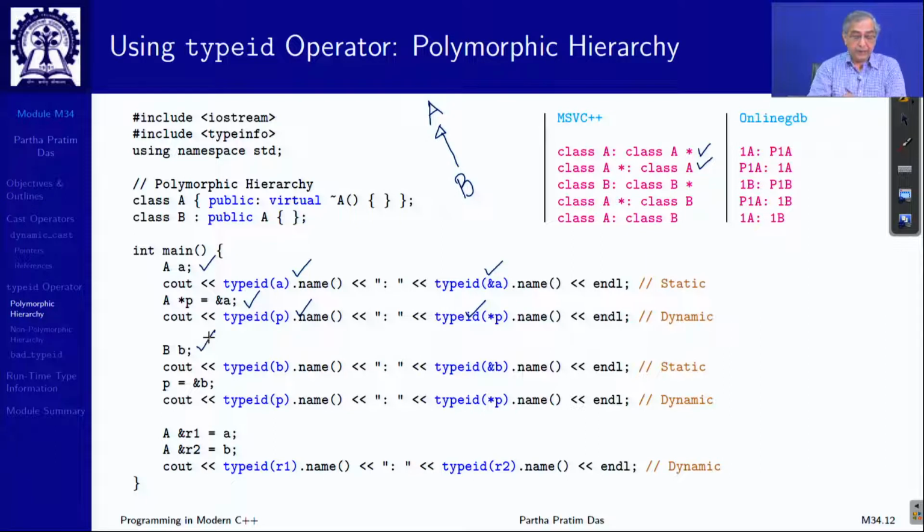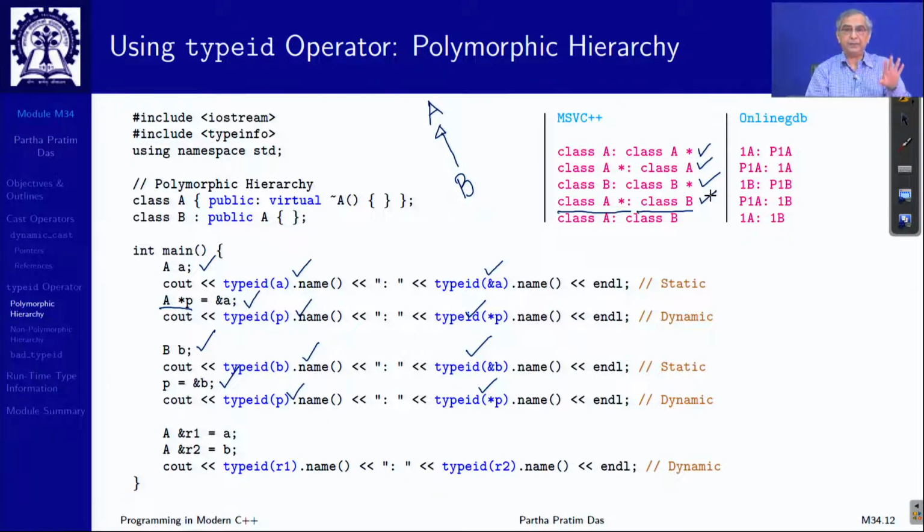Now, I have a B object, and I print B, the reference to B and B star. I do an upcast: remember, pointer A is of type A, and you can see that the pointer type is A star, which is how it is defined. I have done an upcast, so the original object is of B type.